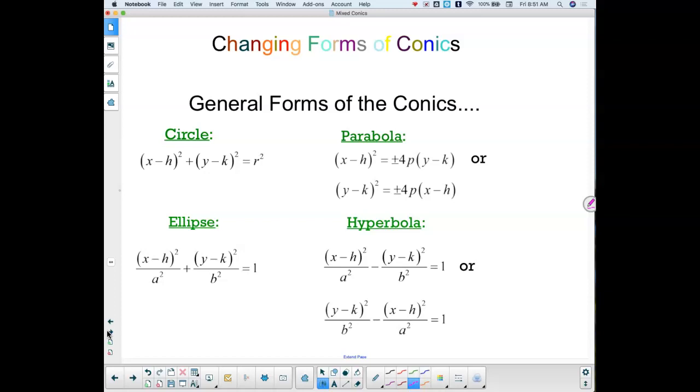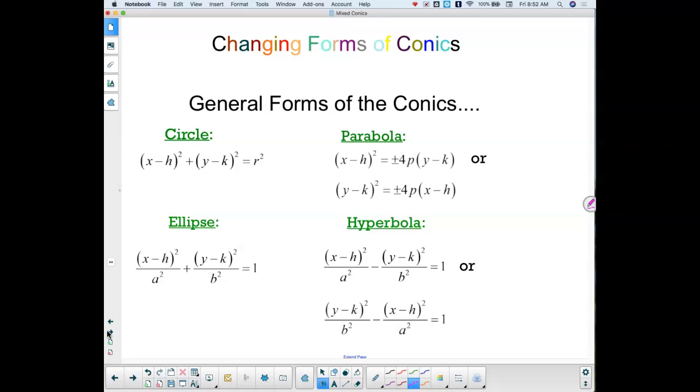In the circle, we've got x minus h quantity squared plus y minus k quantity squared equals r squared. In the parabola, we've either got x minus h quantity squared equals plus or minus 4p times the quantity y minus k, or y minus k quantity squared equals plus or minus 4p times quantity x minus h.